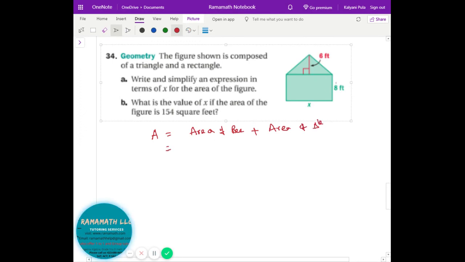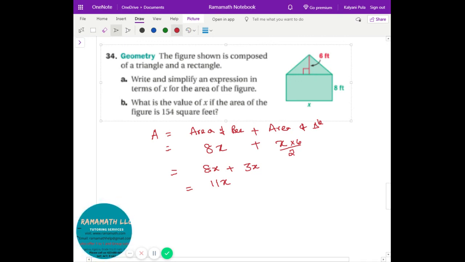The area of the rectangle is 8 times x, base times height, plus the area of the triangle, where the base is x and the height is 6, divided by 2. Altogether you can write 8x, plus you can cancel the 6 and the 2 to get 3, so that's 3x. Combine them and you get 11x. This is called an expression. We got an expression for this area.